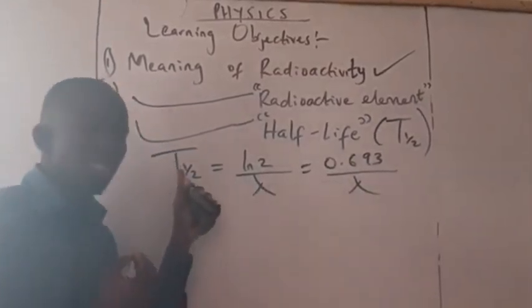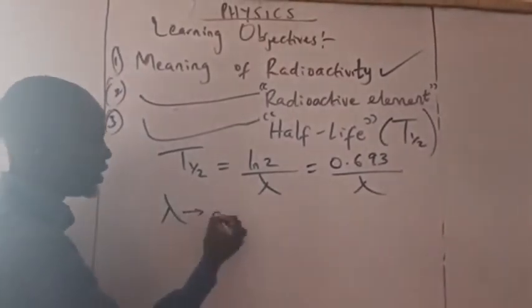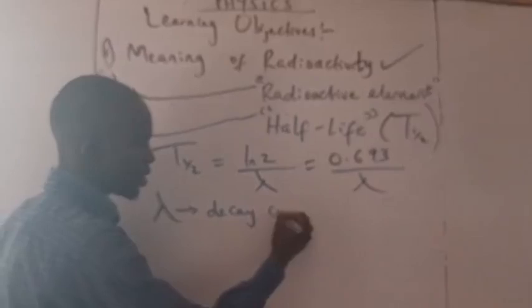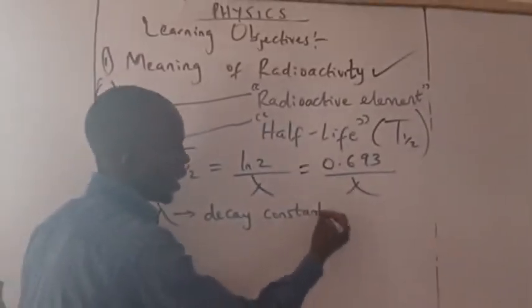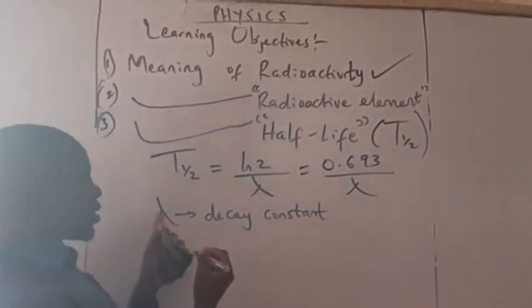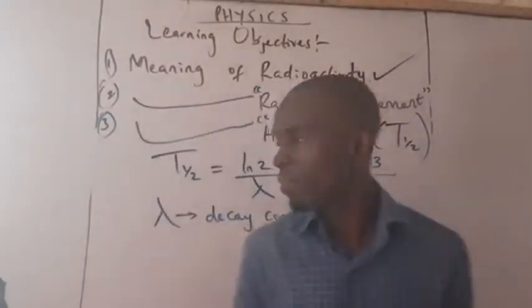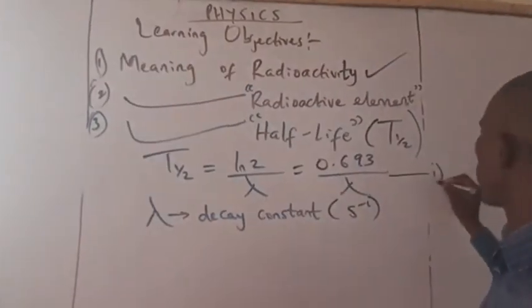What is the meaning of this lambda? It is called the decay constant, and the unit is per second. This is the first formula. You can say equation 1.